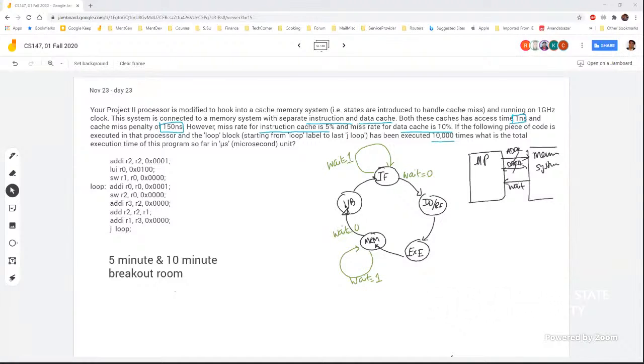Okay, I'm opening the breakout room for you to work in a team and to discuss the solution of this problem.